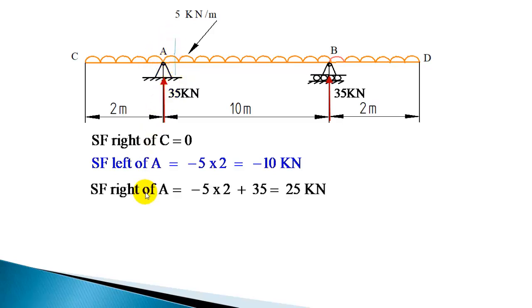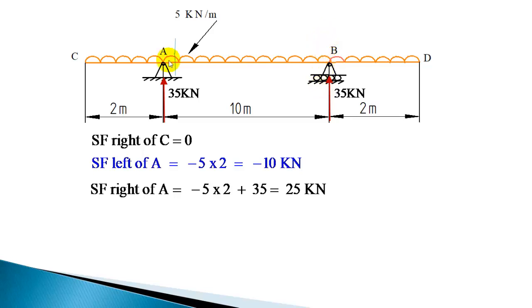This part of the load we already calculated, producing downward shear force minus 10, plus 35, which gives 25 kilonewton. Next section is left of B.